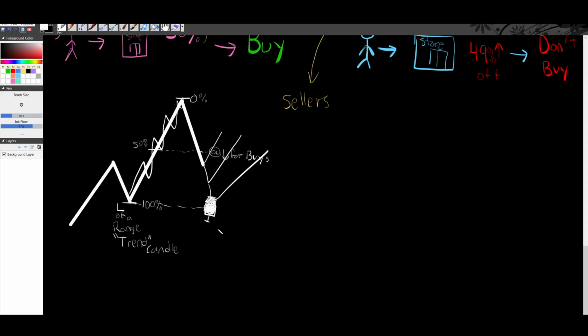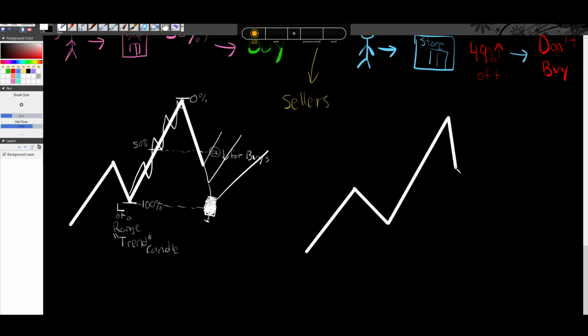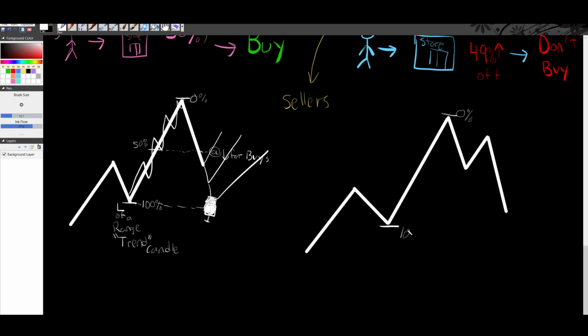It would be different if the market did this. We're still inside this bullish range where this is 0% and then this is 100% retracement.